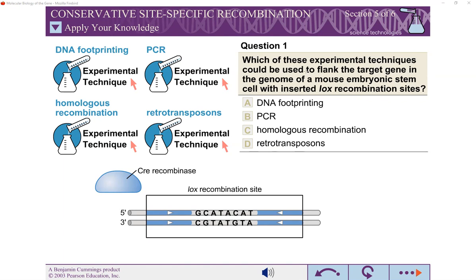What they are trying to say to you is that to flank the gene, you just have to delete a particular gene. Now, which of the following techniques can be used to delete a particular gene?